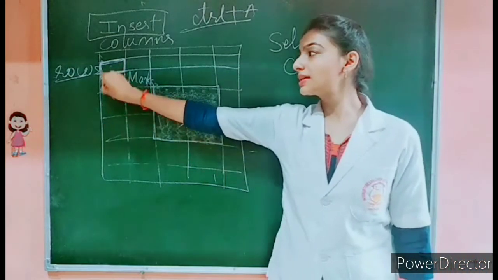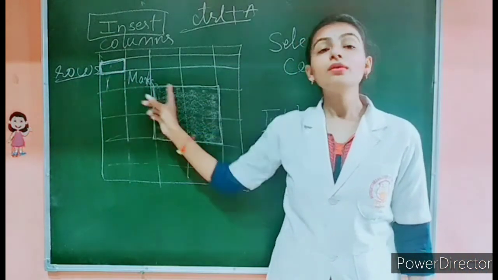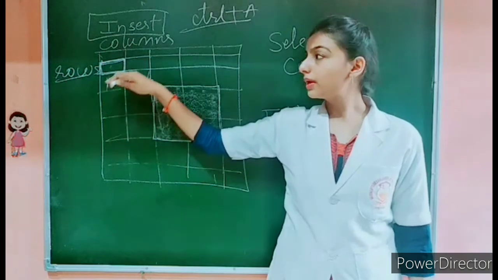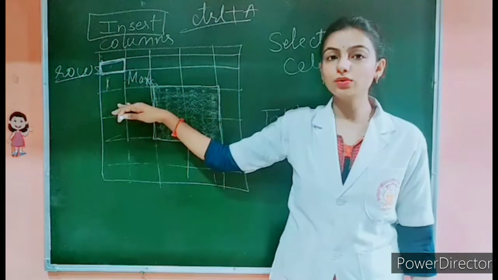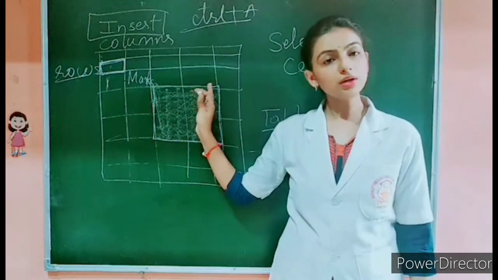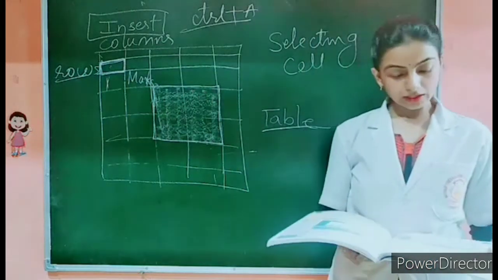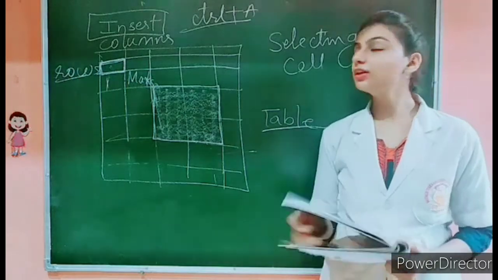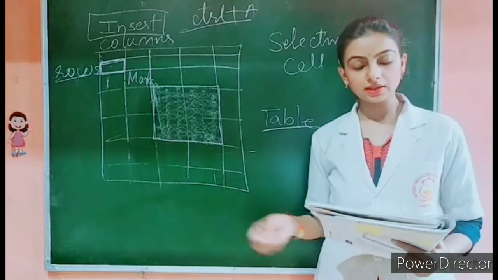If your cursor is here, it will ask row above or row below, column left or right. When you select that, your row will be inserted.